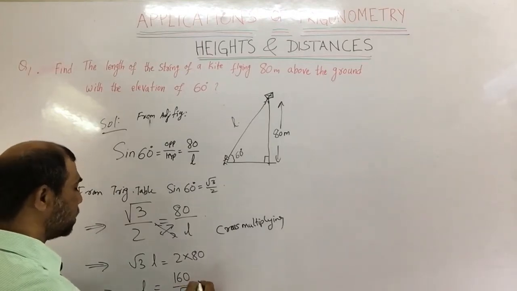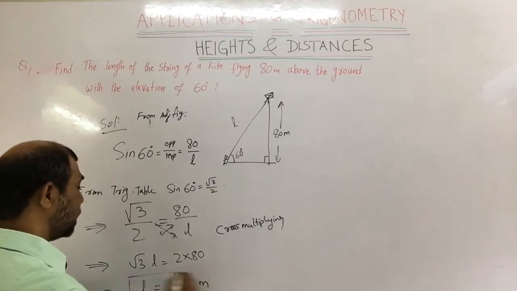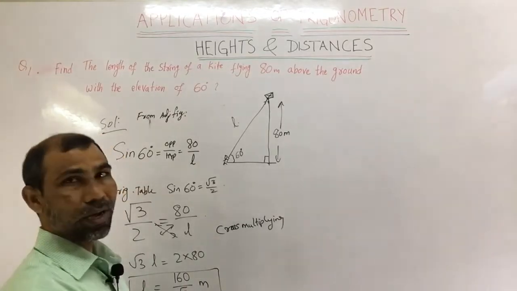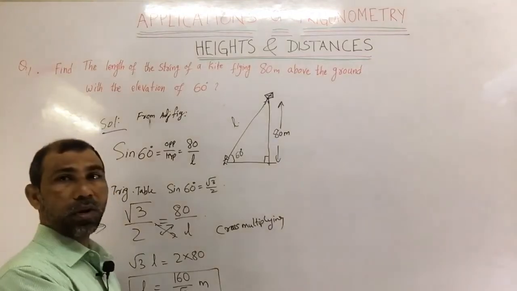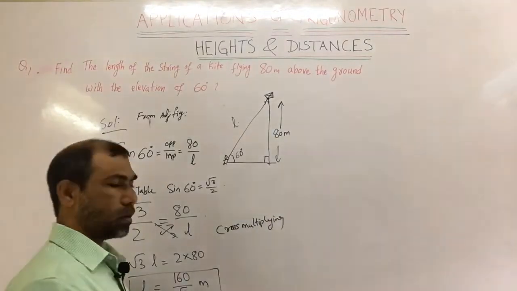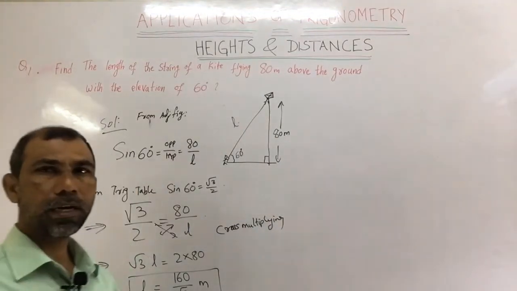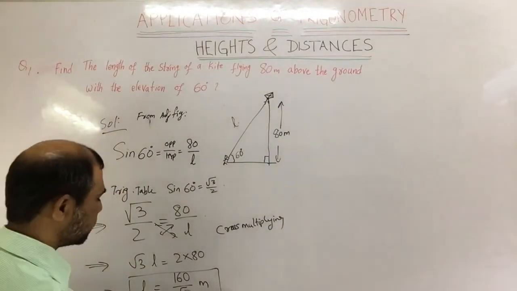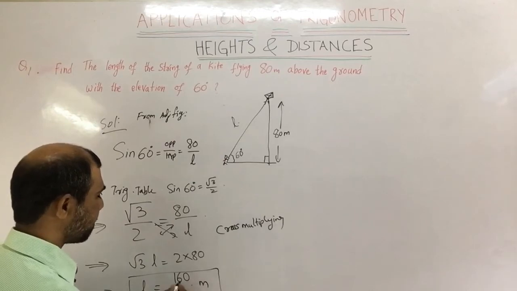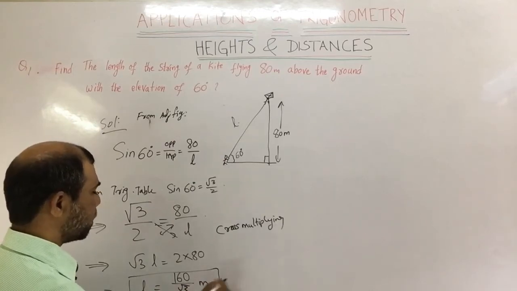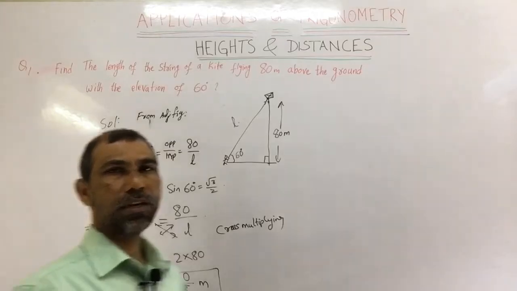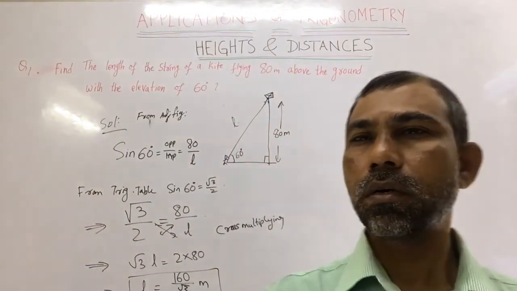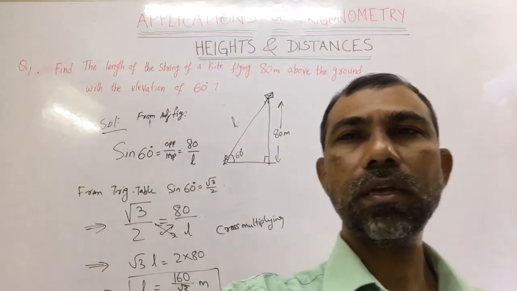You can keep the value as it is, or you can rationalize the denominator and get the other value also. So, that is the solution of the problem.